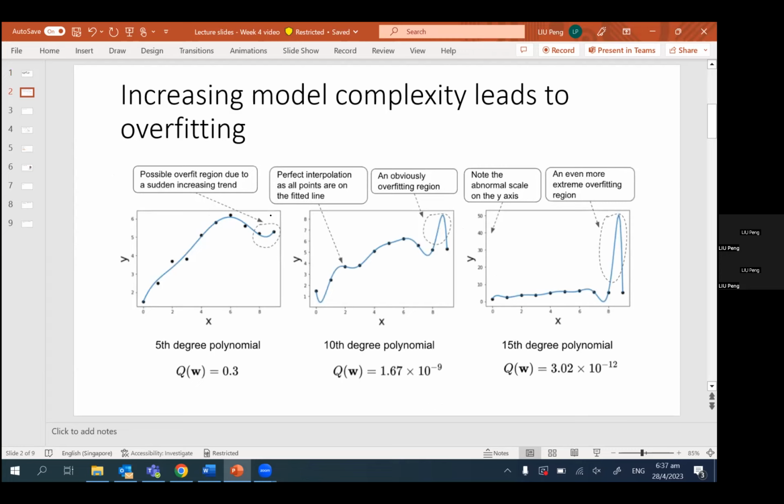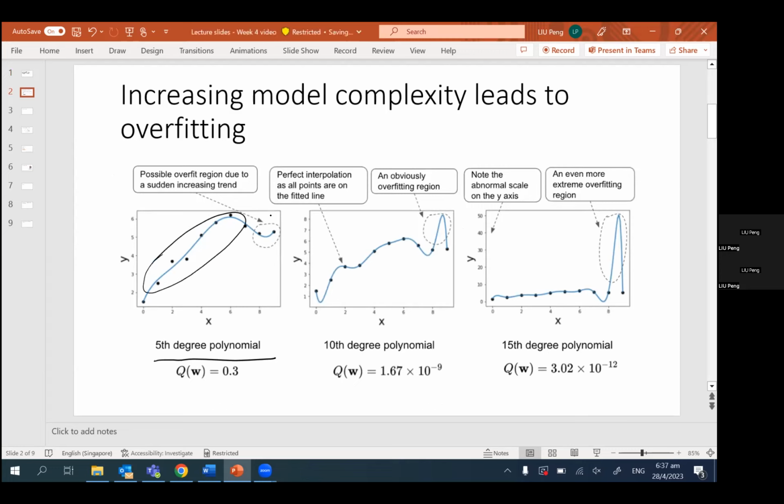Let's look at an example here. As we increase the model complexity, we're going to fit a line across the dots, and this is an example of a fifth degree polynomial. So we have x up to the fifth degree, and you see that this region seems to be a good fit.